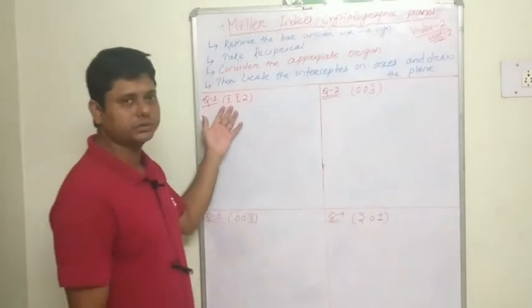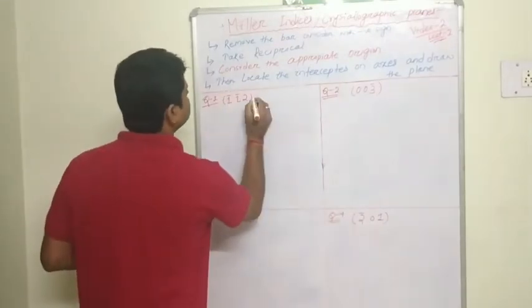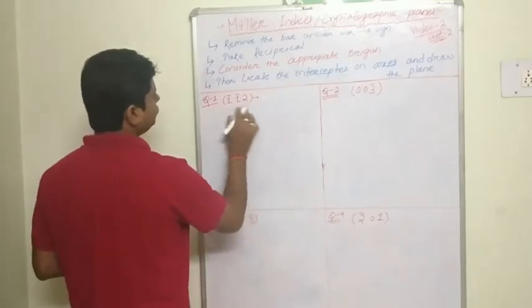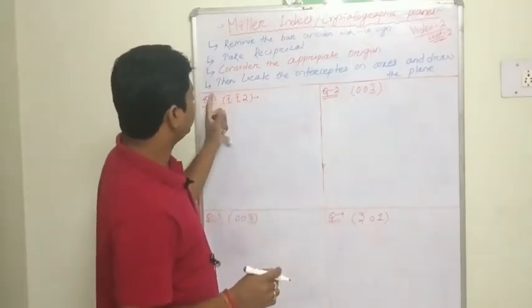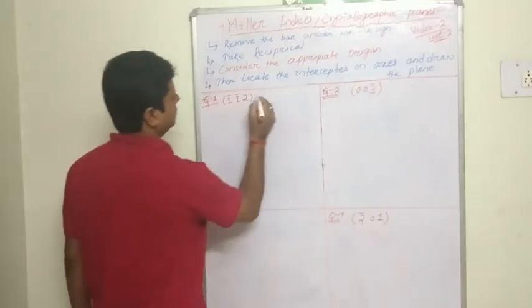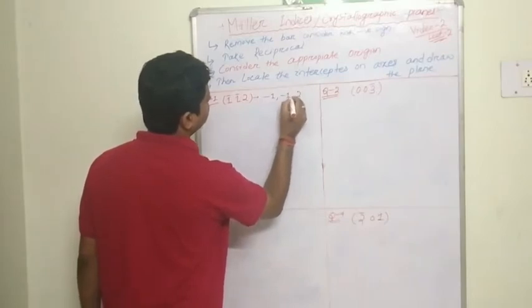First we consider question number 1. If this is the Miller indices, we first remove the bar and put the negative sign, that will be -1, -1 and -2, right?